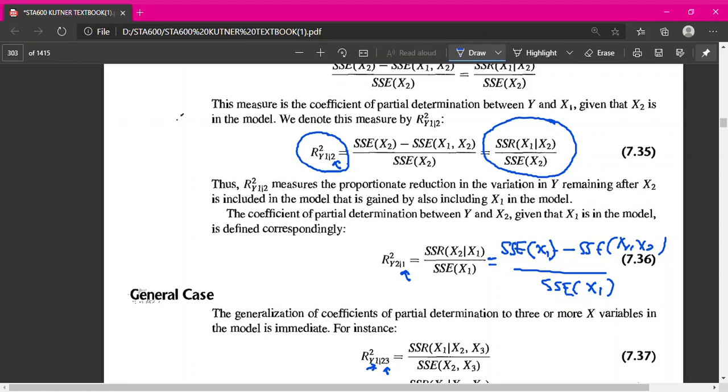So, kita nak tengok berapa banyak contribution. Ataupun kita boleh juga interpret by tengok how many percent the contribution of x1 in y, in the model, when x2 is already in the model.